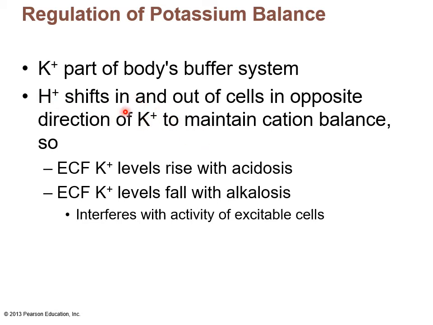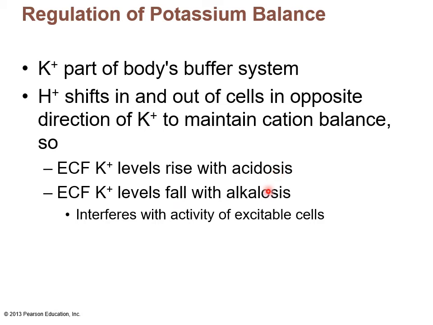So if you shift these two, potassium doesn't contribute to the acid-base nature of the blood, but hydrogen does. So if you have acidosis, the cells will take in the hydrogen and release the potassium out into the plasma. So potassium levels will rise with acidosis because of that exchange.